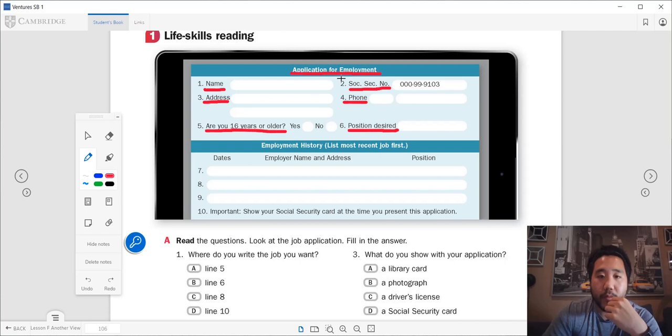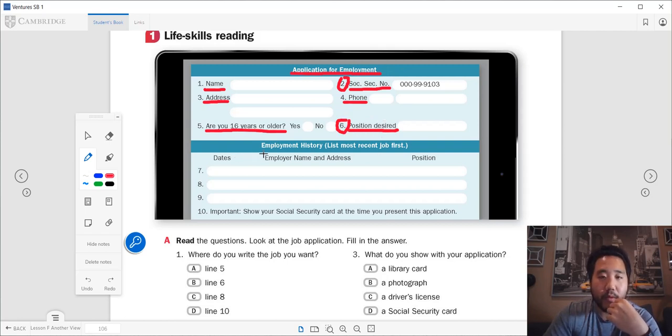So this is pretty important. And another one is the position desired. This means the job that you want to get by filling out the application form.